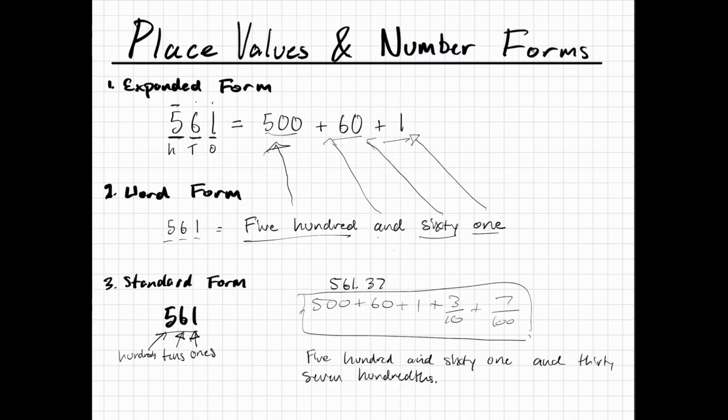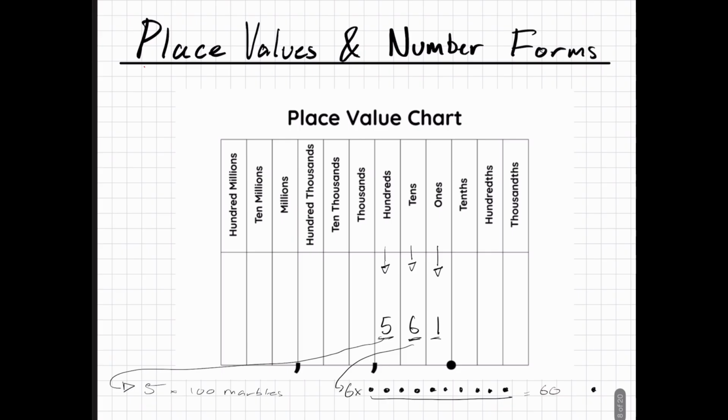Okay, what this means is this 37 is 2 decimal places. So if we go back to look at our chart, right, 2 decimal places over from the decimal is the hundredths spot. It's the tenths and then the hundredths. So those 2 decimal places being here and here, 561.37, 3 and 7 represent the tenths and hundredths, so 37 is the number of hundredths in the total number.